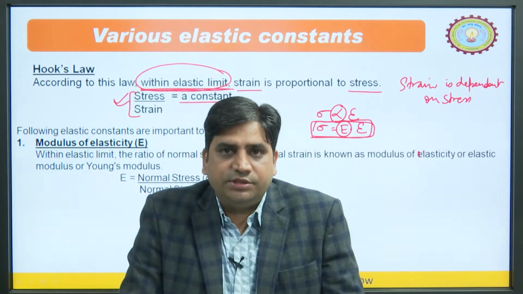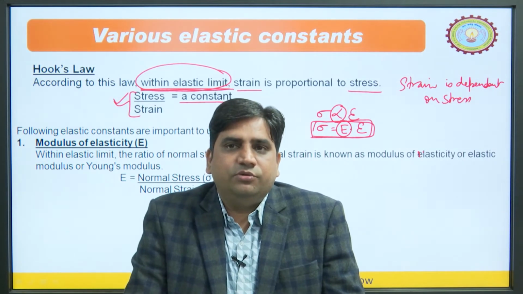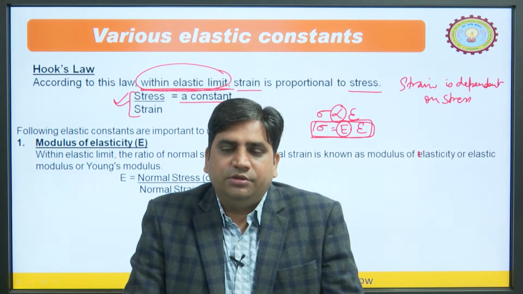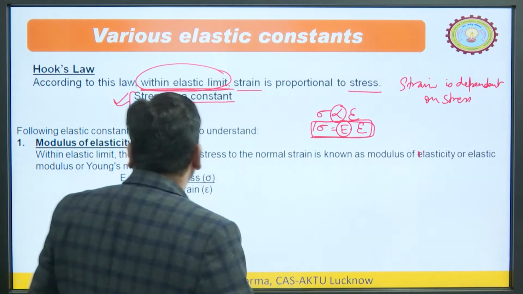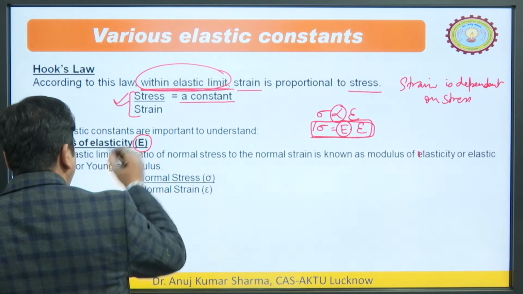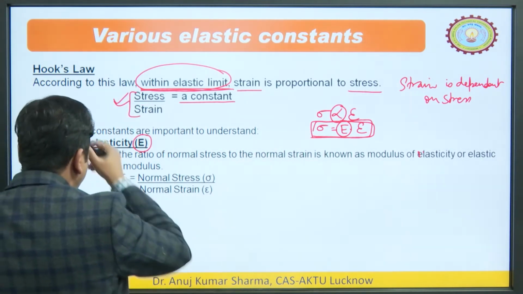So, the first elastic constant is modulus of elasticity. It is also known as the elastic modulus, or sometimes the Young's modulus. It is represented by capital E. You have seen it is derived from Hooke's law.